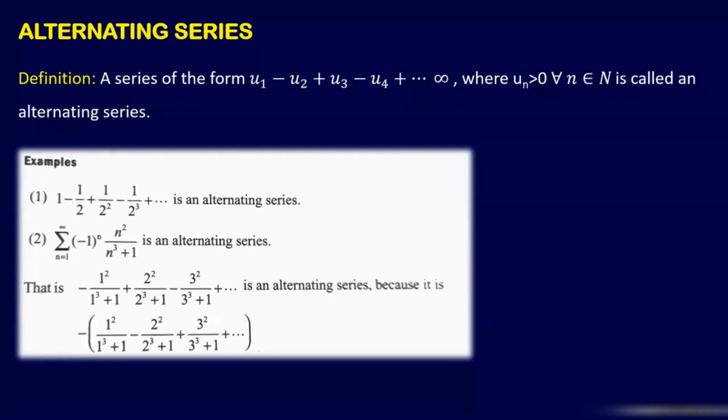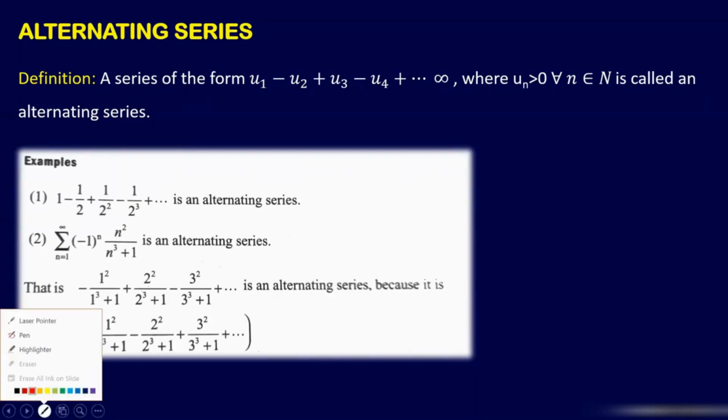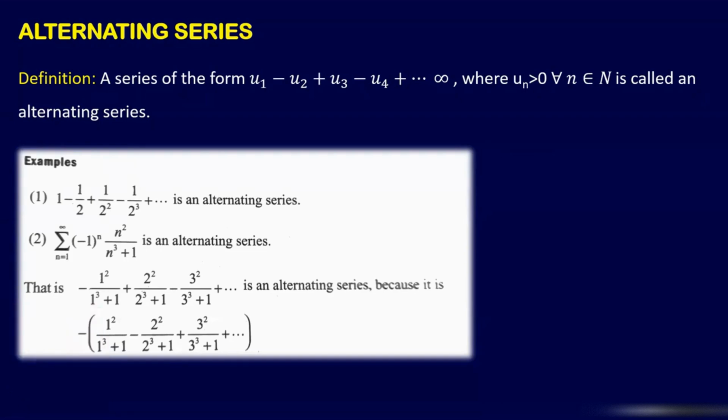But in particular, understand, though we have different signs here, when the signs are already mentioned here, individually, if you take u1, u2, and so on, they must all be absolutely positive, right? I mean, excluding the signs, if you take only u1, only u2, only u3, they're all positive.